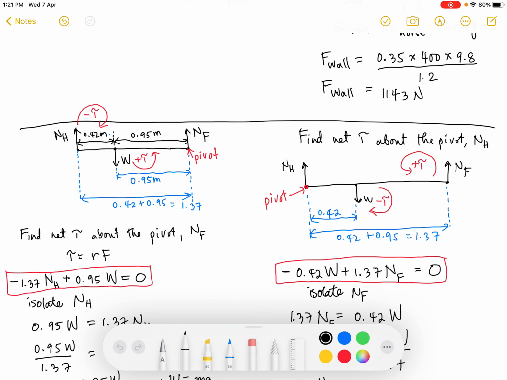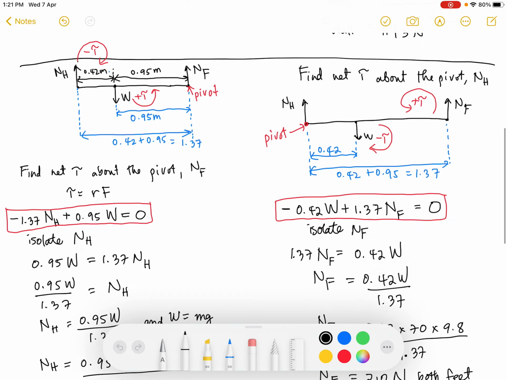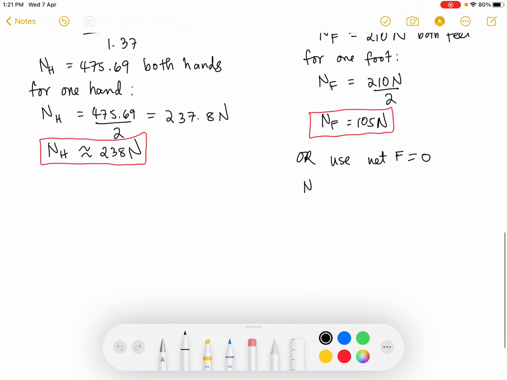They should add up and equal the force pointing downwards, which is W. So NH plus NF should be equal to W, or NF should be equal to W minus NH. W is 70 times 9.8, and you subtract the NH that we got.